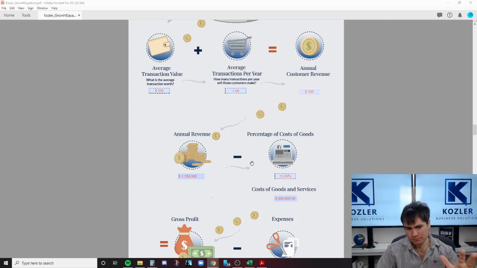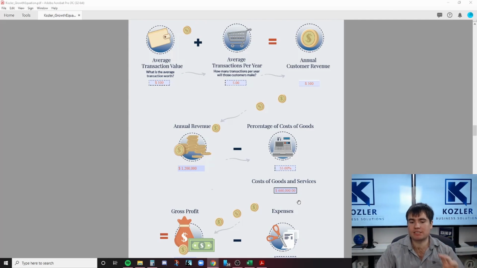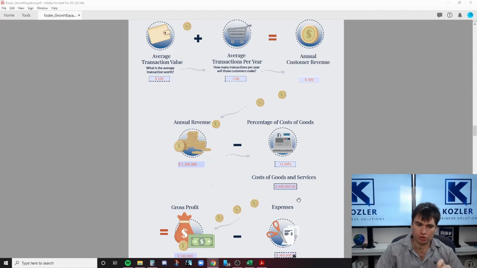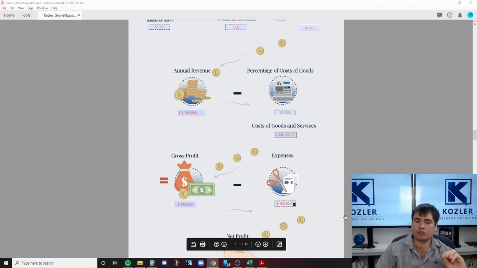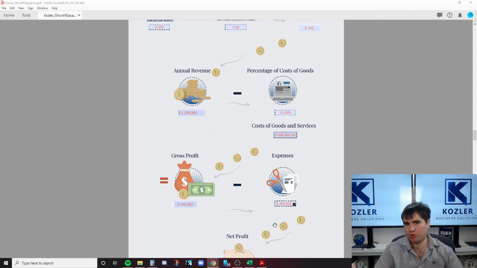And so this business has $660,000 in cost of goods sold, which means that they will have a gross profit of $540,000. So that means that they've got $540,000 to spend on wages, on rent, on insurance, on electricity, just the general day-to-day running of the business. So for this business, we're saying that they have $400,000 worth of expenses.